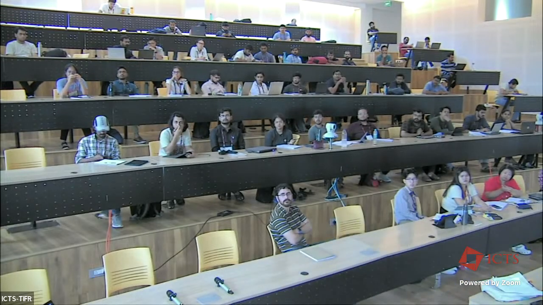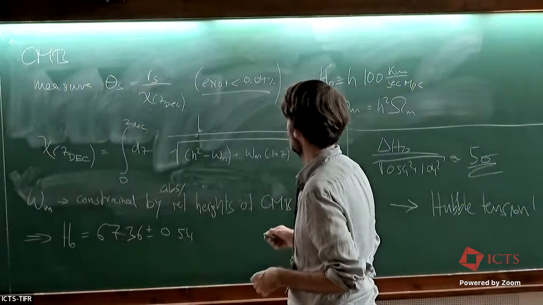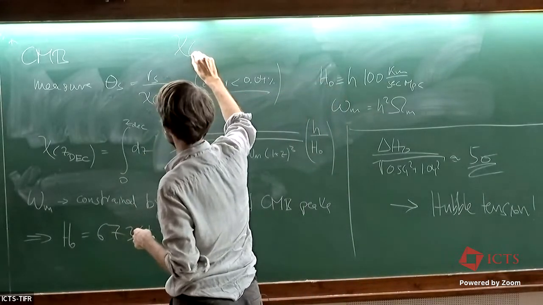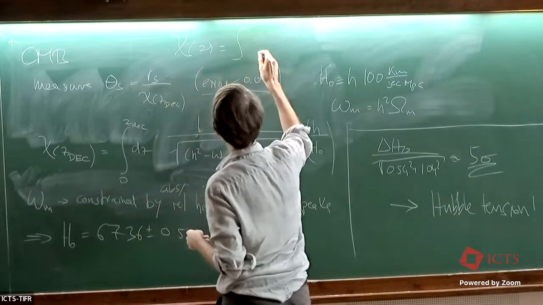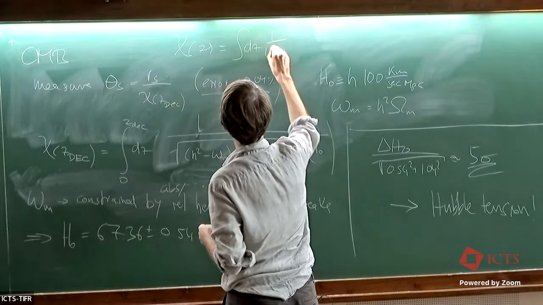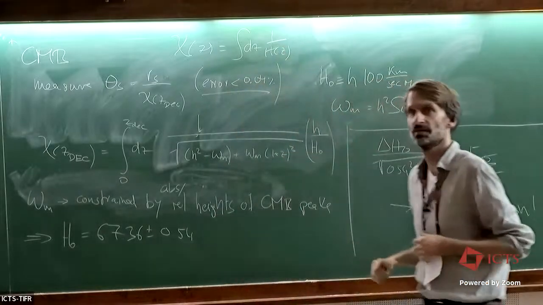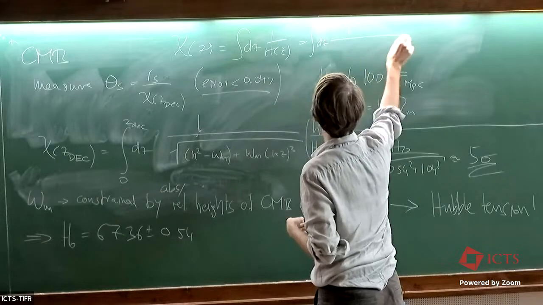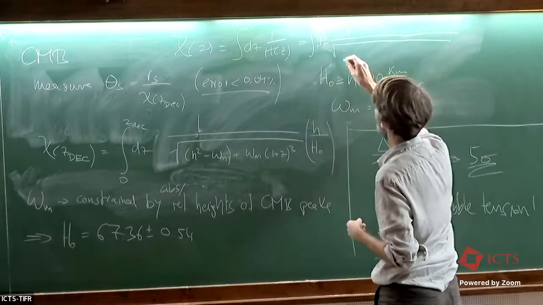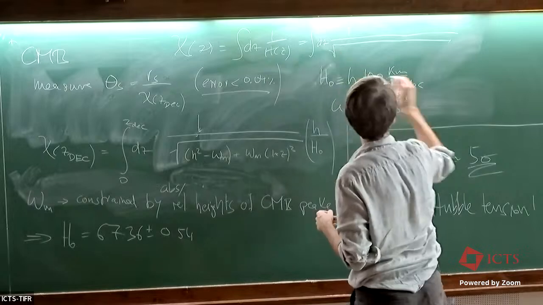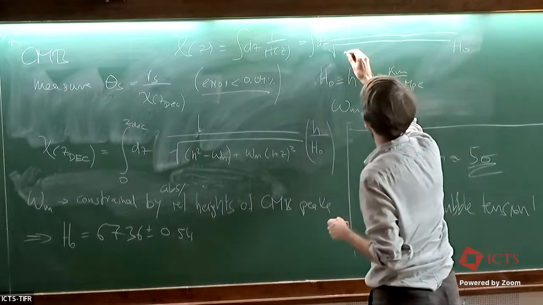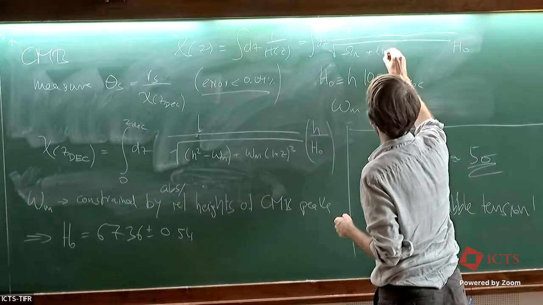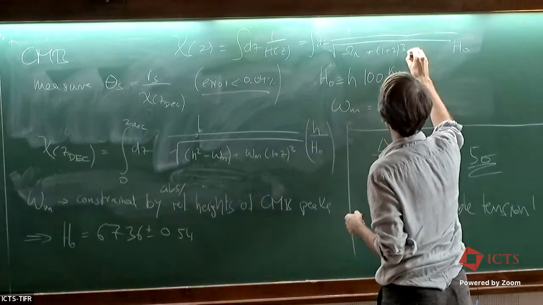Yeah, I went a little bit quickly here. So what we have seen is that chi of z is just the z integral of 1 over H of z. So H of z you can write as the square root of, that was the first formula we had today, a factor of H0 times omega lambda plus (1+z)^3 omega matter.